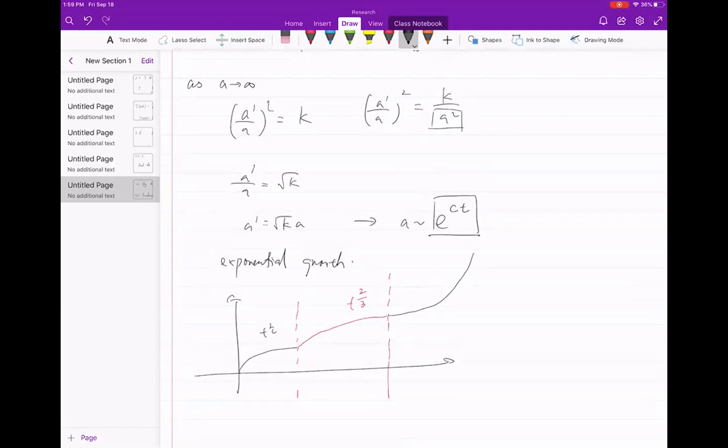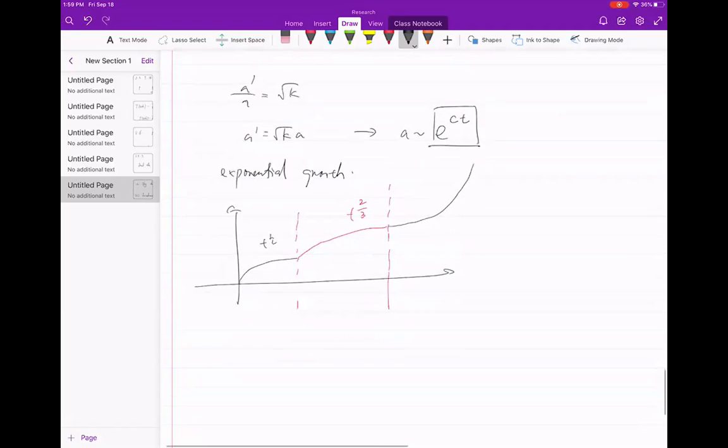Sounds good? Okay, that's the whole thing after we solve the Friedman equation. We got these three phases of the expansion of the universe. First slow, then fast, and eventually scary because it's exponential.